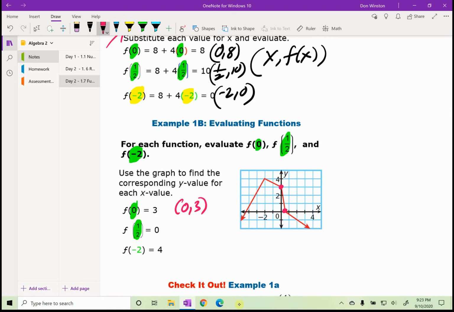Okay. So the ordered pair would be 1/2, 0. And then x is equal to negative 2. I go to negative 2, and I go up to the graph, and I get 4. So my ordered pair is -2, 4. Right? The rule is a graph. We start at the x, and then we go up to the graph to find the y.